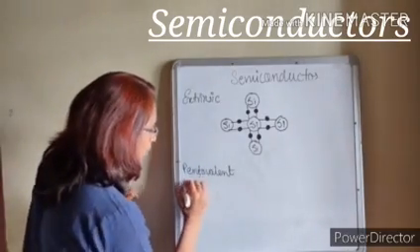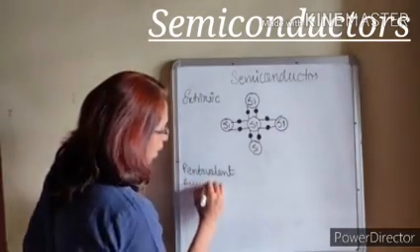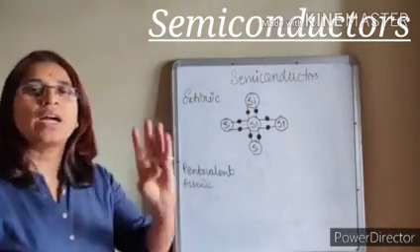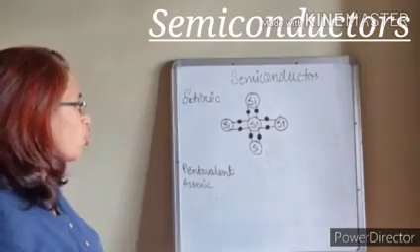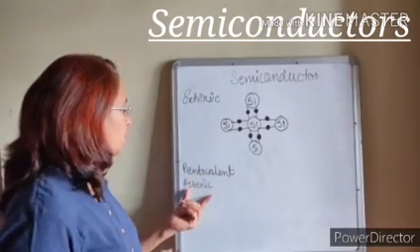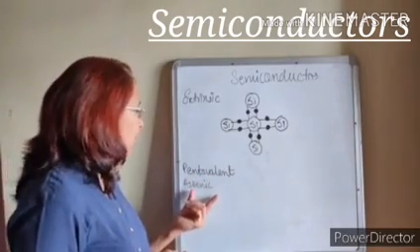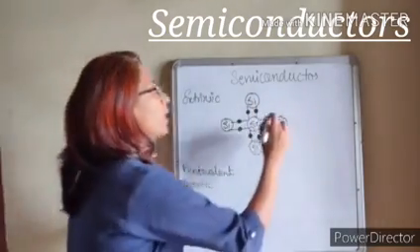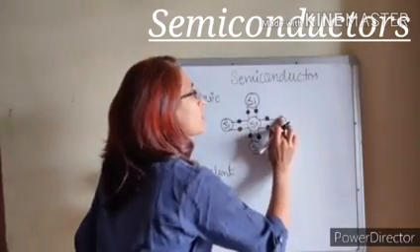Pentavalent elements are arsenic, aluminum, phosphorus. These are the pentavalent impurity, having 5 electrons in the last orbit. So when we dope some atoms of arsenic in the crystal of silicon, let us consider this atom.